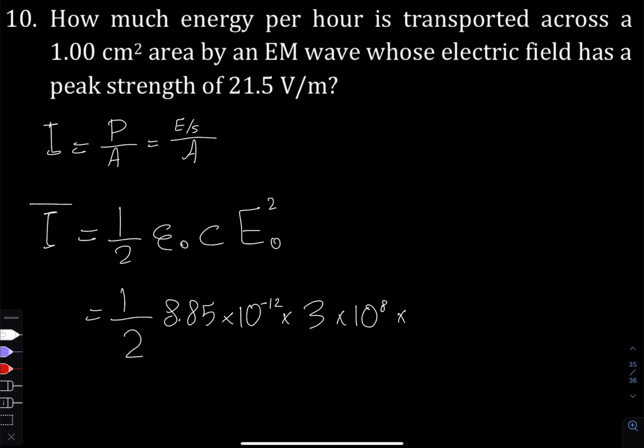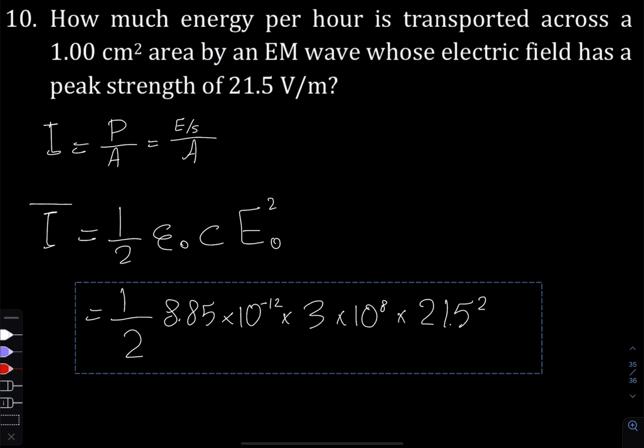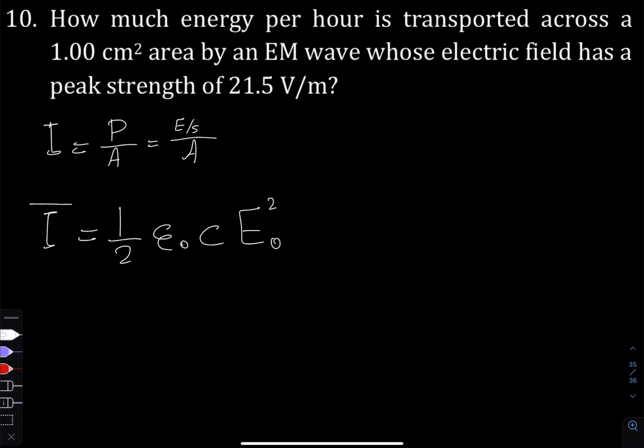And the maximum value of electric field in this problem is 21.5. And we're going to square it, and we will find the intensity. So intensity is 0.6136 watts per meter squared.